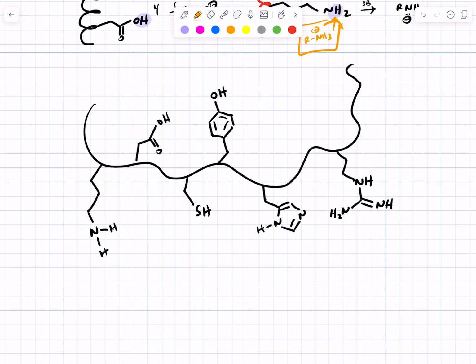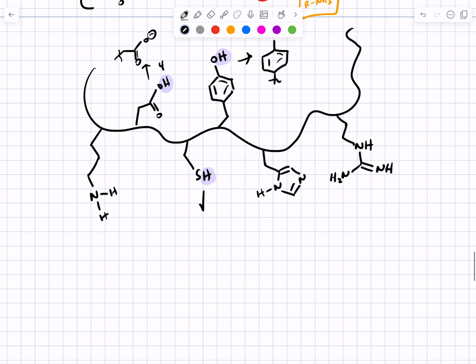So as an example, of course, there's an amino acid that has a pKa of around 4 and the conjugate base is negatively charged. Here's another negatively charged conjugate base, the phenolate ion. Here's another negatively charged conjugate base, the so-called thiolate anion.